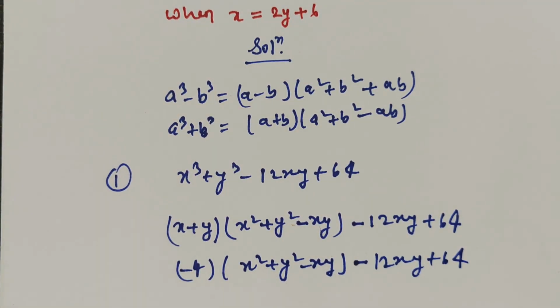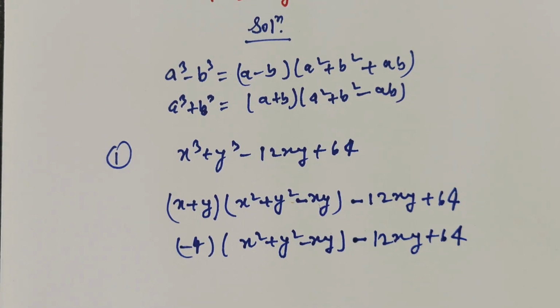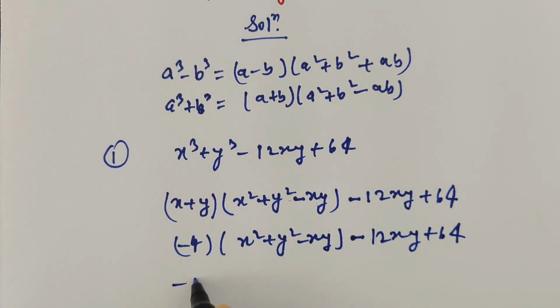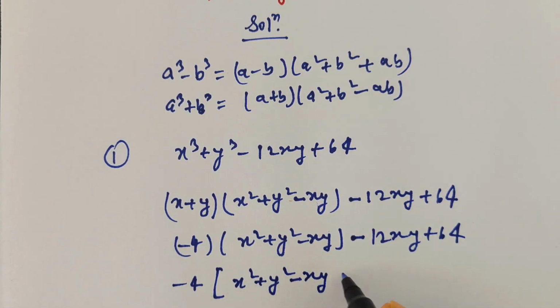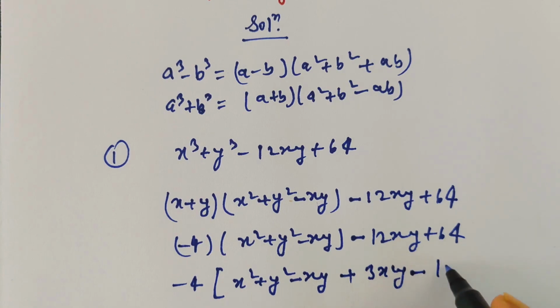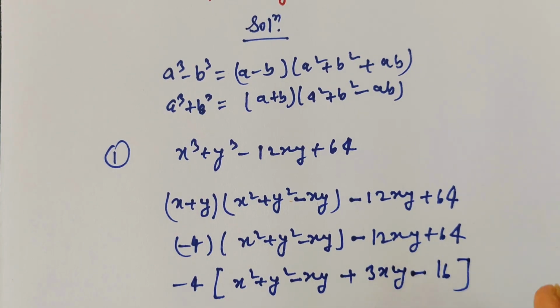You can take the common factor of 4 here. Take common minus 4, and you will get x square plus y square minus xy, and here it will be plus 12, since 4 times 3 is 12, that means 3xy, and minus 16, since 16 times 4 is 64.